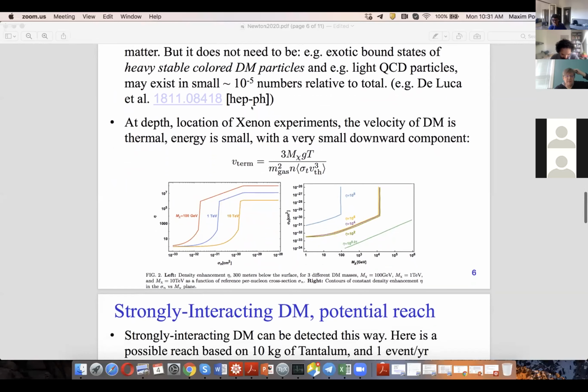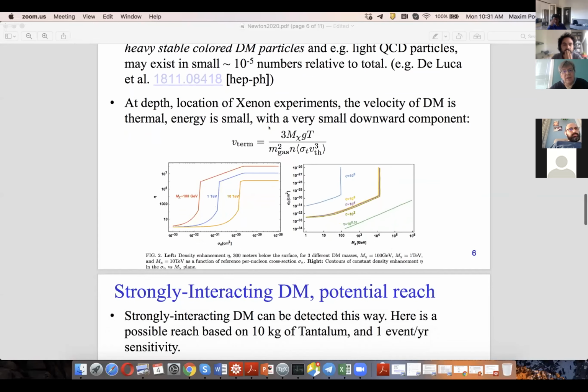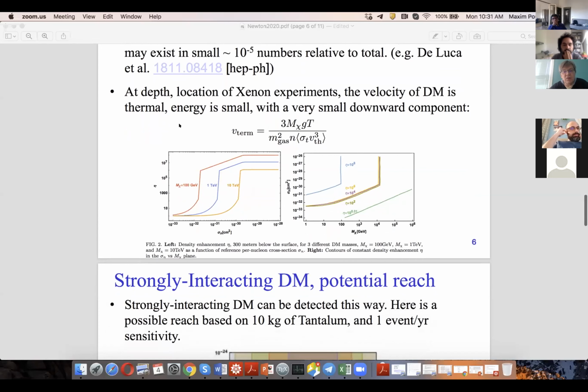There are previous attempts to look for the strongly interacting dark matter over the range of. So you can't look for it using elastic scattering in the deep mines, but you can go up and try to probe it using a set of balloons or rockets and so on, but then you have to see it over a huge background.